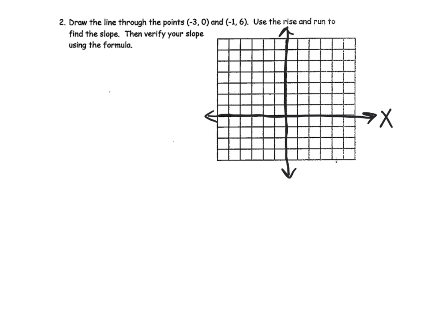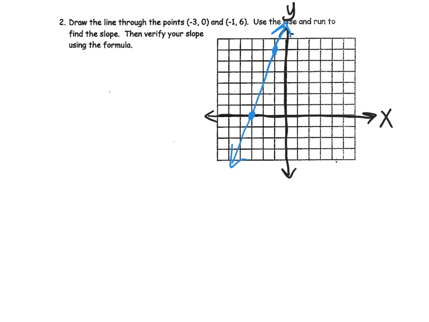Label, always, x, y. Okay, -3, 0. Blue dot right here. And then -1 and up 6: 1, 2, 3, 4, 5, 6. Connect the dots. Use rise and run to find the slope.